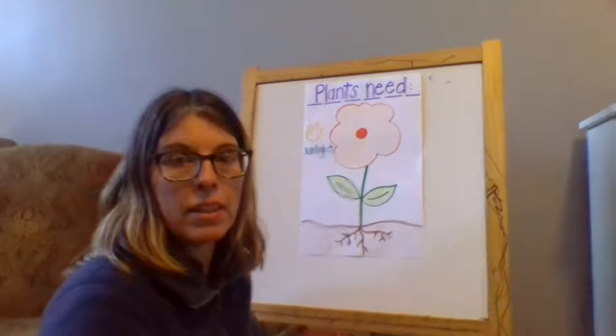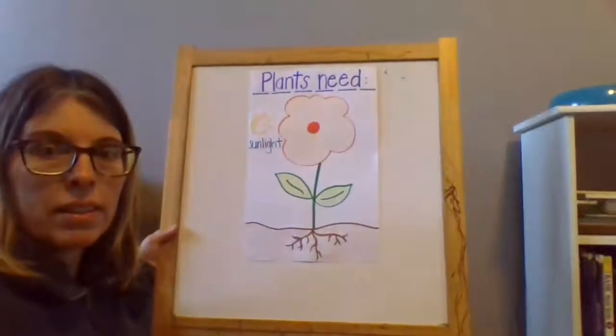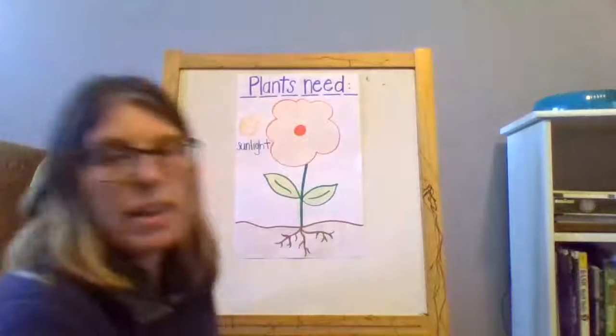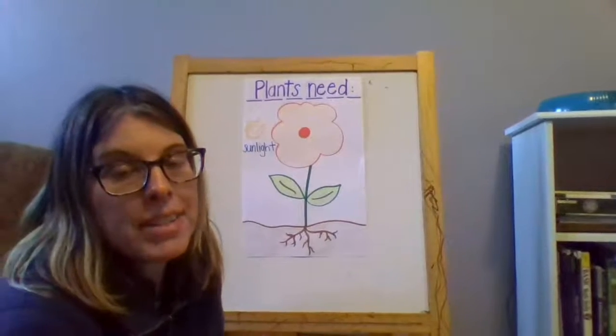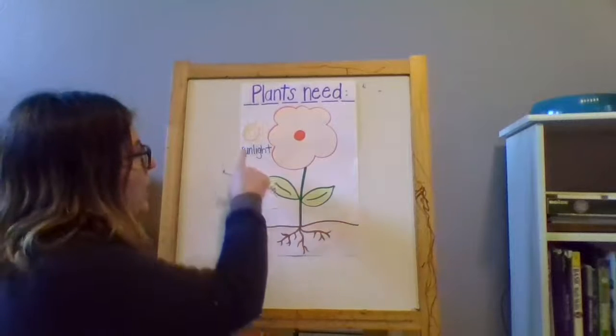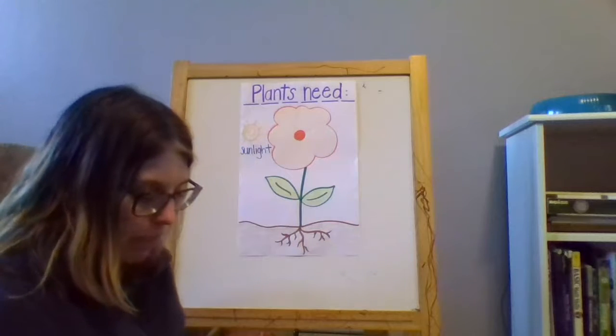Sunlight. Can you see that? So you know what? Why don't we go ahead and talk about all these, and then you can pause the video at the end and add these in, okay? That will be an easier way for you to do it. Okay, so sunlight is one thing that plants need to survive.